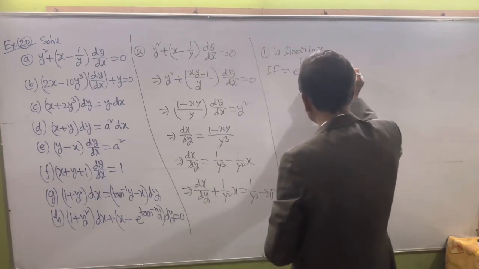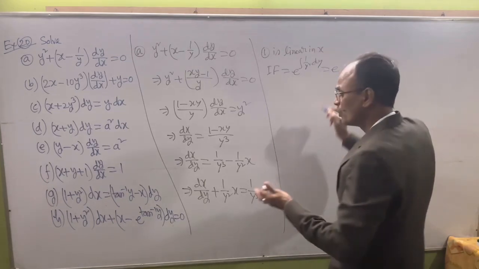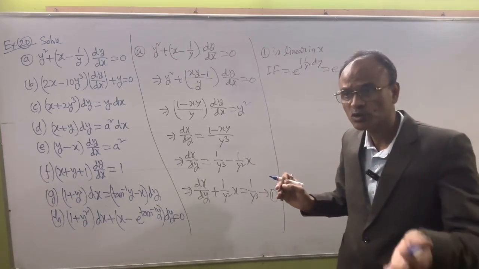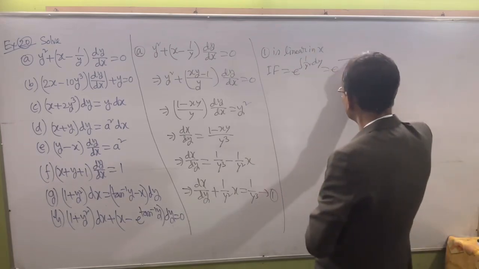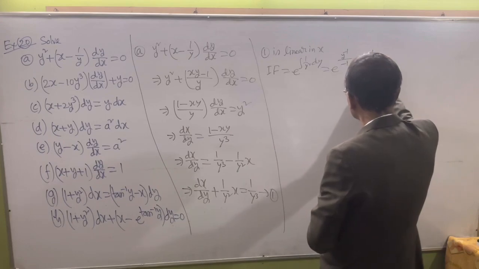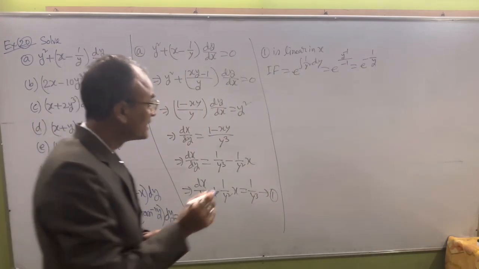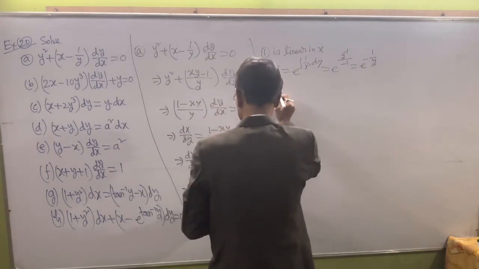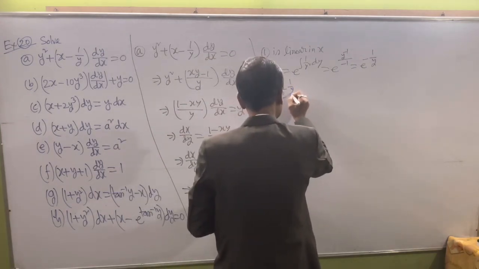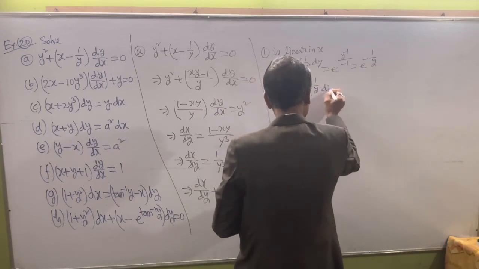This is equal to e to the power integral y to the power minus 2, means y to the power minus 1 by minus 1, which is e to the power minus 1 by y.